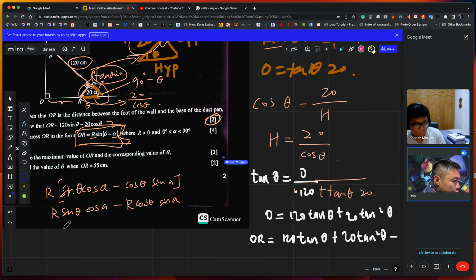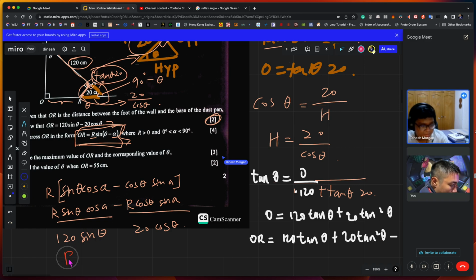I think this looks pretty good. This one is your 120 sine theta, and this one is your 20 cosine theta. And you can see that R cosine A is 120, then R sine A is 20, right?